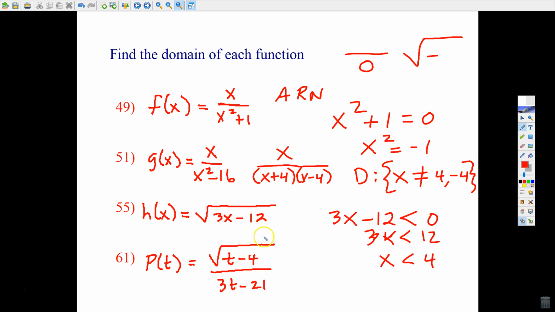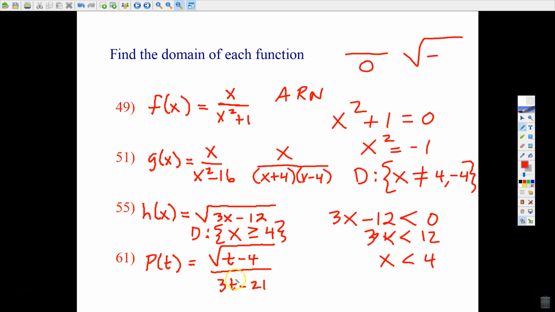All right? So, in other words, I can let my domain be any number that's 4 and above. So we could say it like this. As long as x is greater than or equal to 4. We've just proven that numbers less than 4 are going to create a negative under the radical.